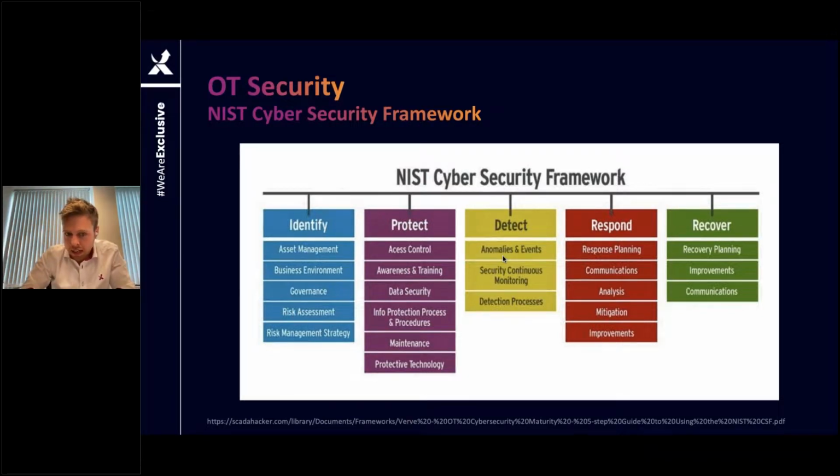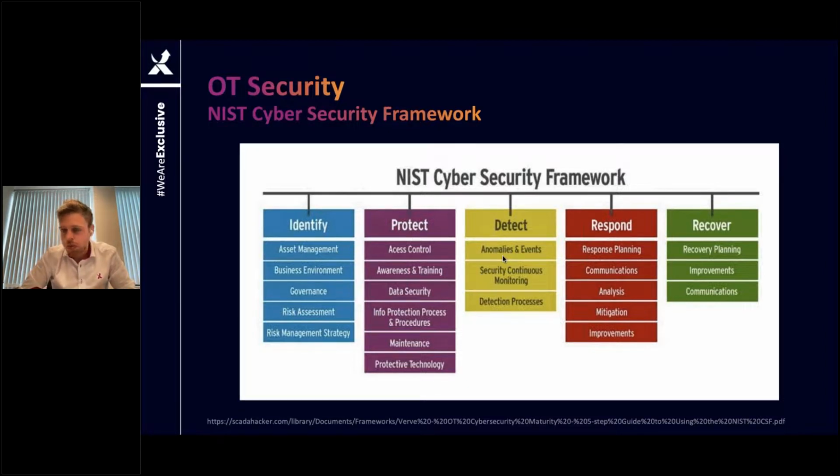And in the middle, we see detect. Detection, and it's important that detect is indicated. Often in an OT network, we will not respond right away. So instead of using intrusion prevention systems, we're often going to use IDS, intrusion detection systems, because these networks are really critical, really vulnerable.